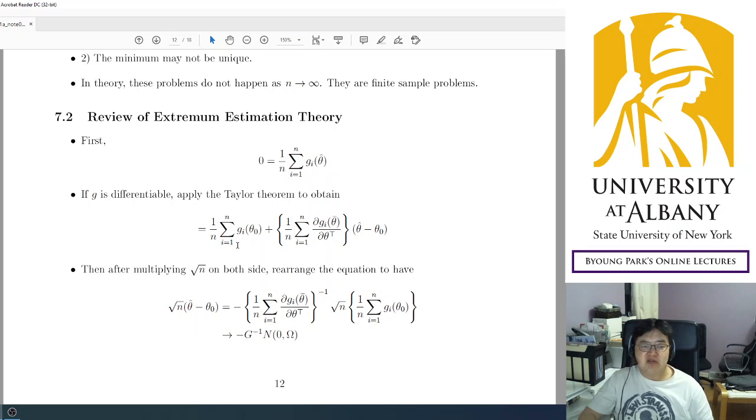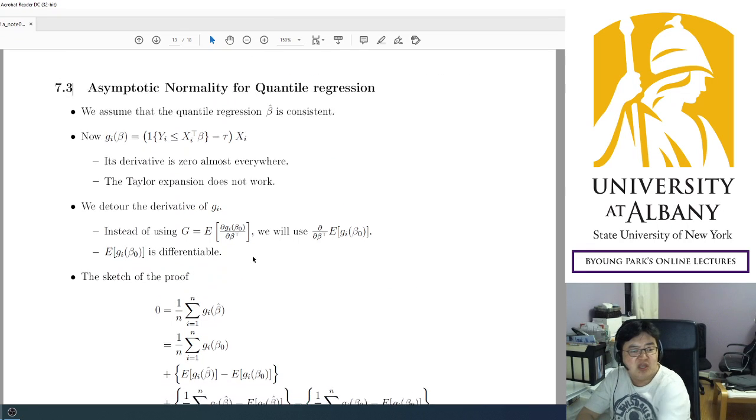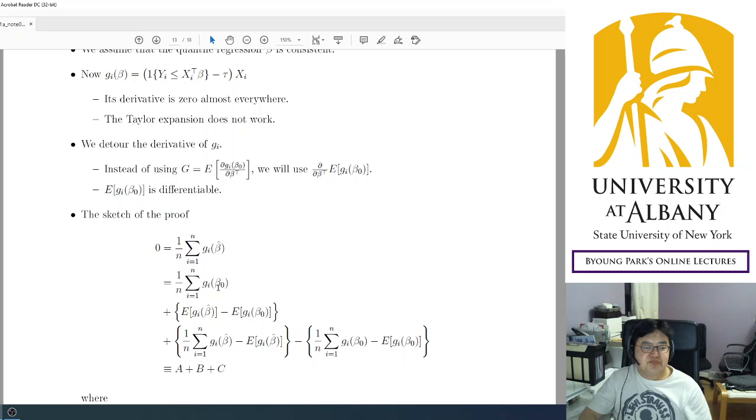So in the Taylor expansion, anyhow, you are going to get this term, and we need the same term here. And of course, later you have to cancel out and match the terms.